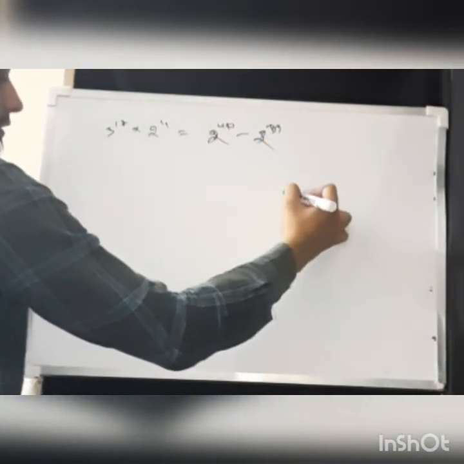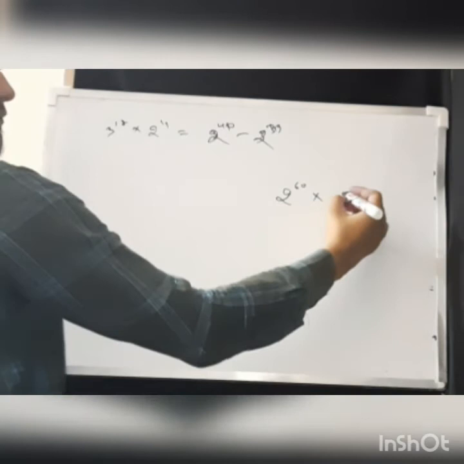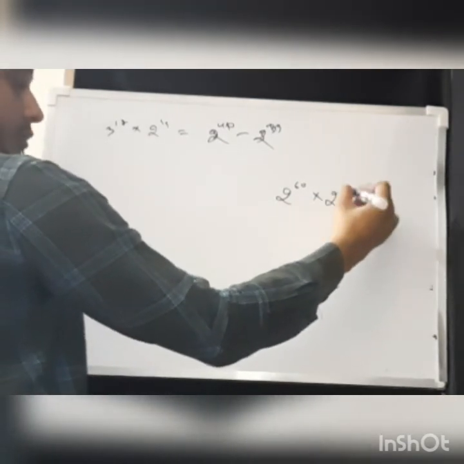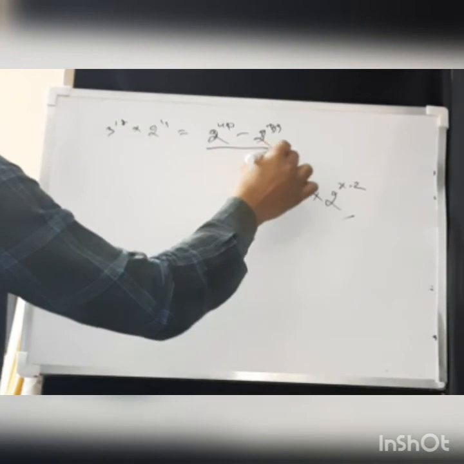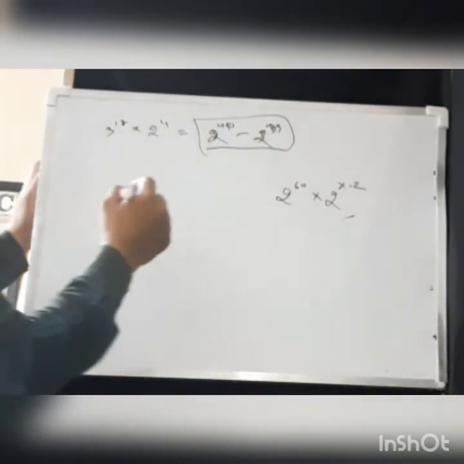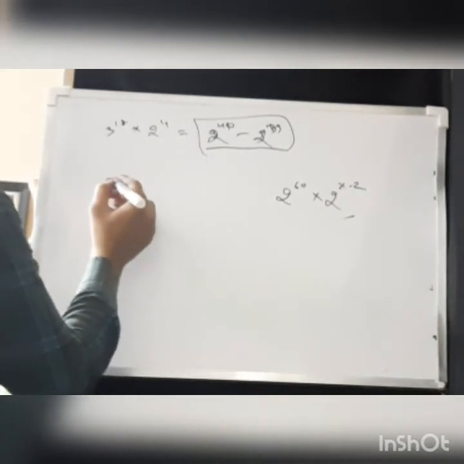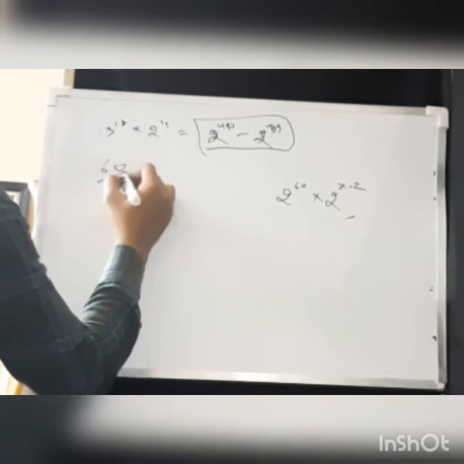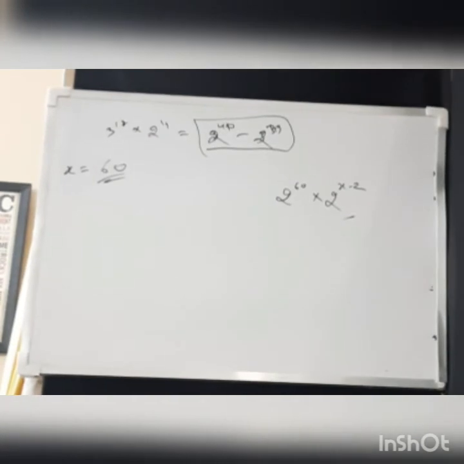And because I know that the number n is already to the power 60, and the number which I am multiplying it by is 2 to the power x minus 2, at minimum I know for a fact that this is always going to be smaller. Even if you take x is equal to 60, you can check this, you get the same results. No matter what value of x you take, you are going to get this exact same result.